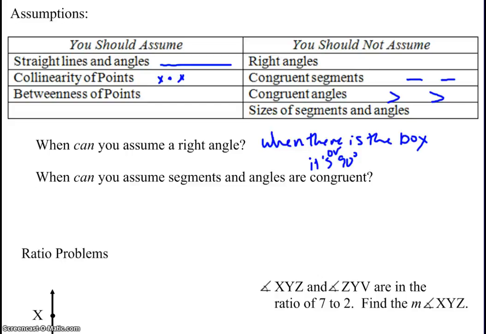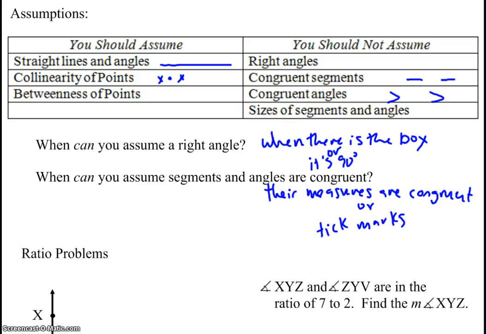Very rarely. Unless they tell you that their measures are congruent. So they say this one's 30 degrees and this one over here is 30 degrees, then you can assume that those angles are congruent. Or the other way you can tell that they're congruent is when they have the tick marks. They have the tick marks and they are congruent to each other.